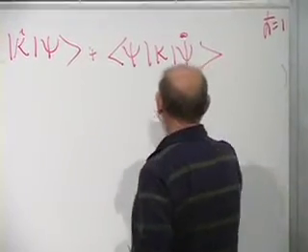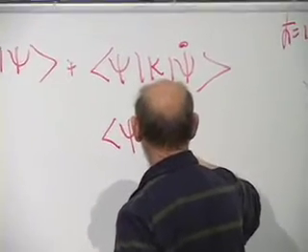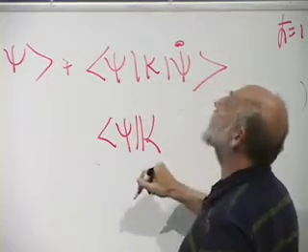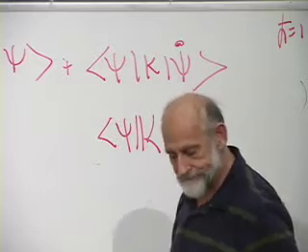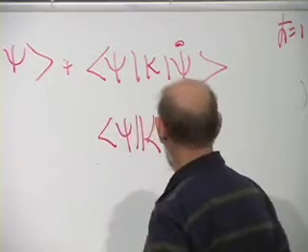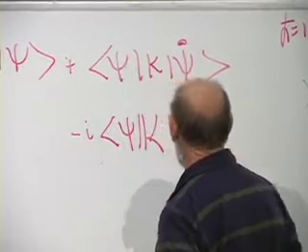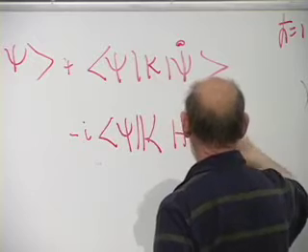Psi dot is the same thing as psi K. And now psi dot is, I forgot what I just said. Did I say minus or plus? Minus i. So minus i, I hope I'm right, times H times psi.